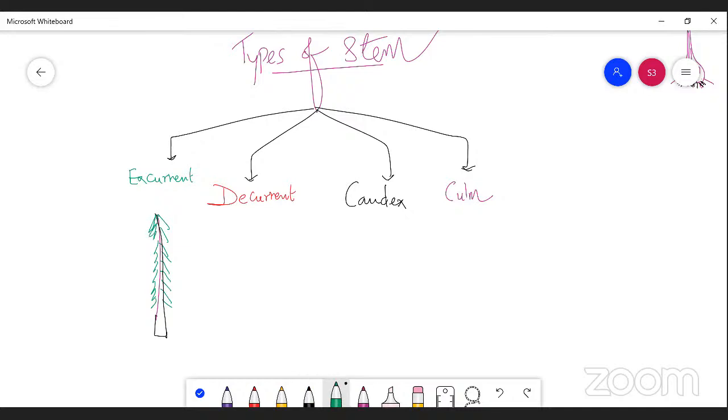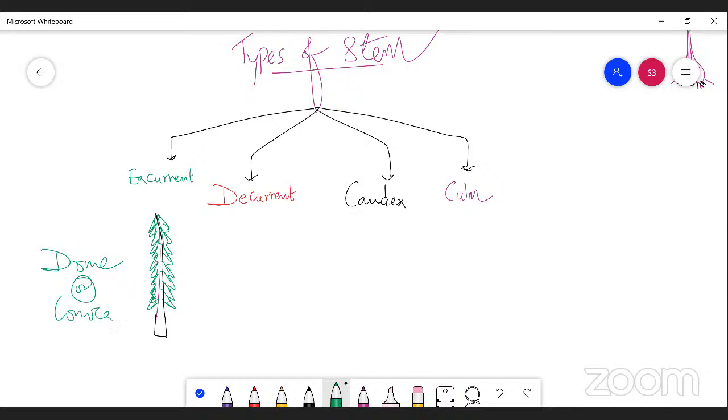This diagram represents very clearly the continuous growth of the main axis, which elongates the length of the stem. Hence, it forms a conical or dome-shaped structure.